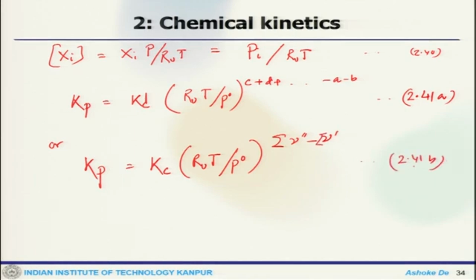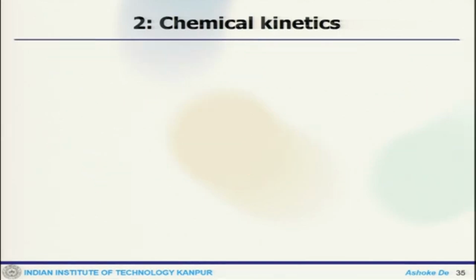So, that is your B. So, one can actually correlate the rate constant, and now we can find out the Kc.